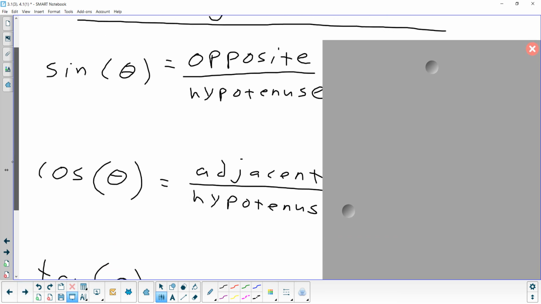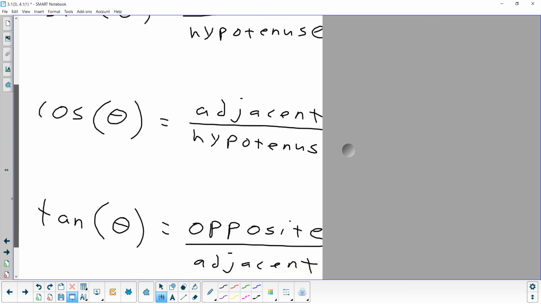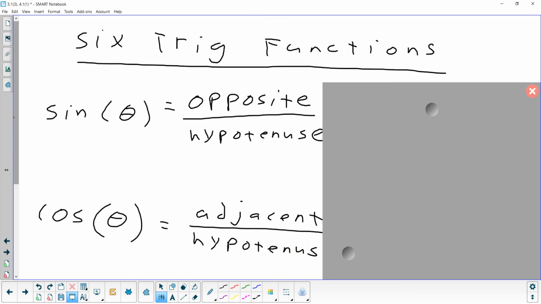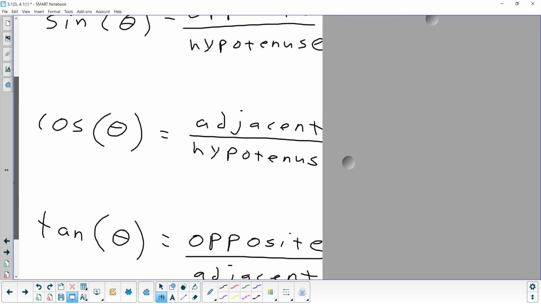Cosine is the length of the adjacent side over the length of the hypotenuse. And tangent is the length of the opposite over the length of the adjacent.